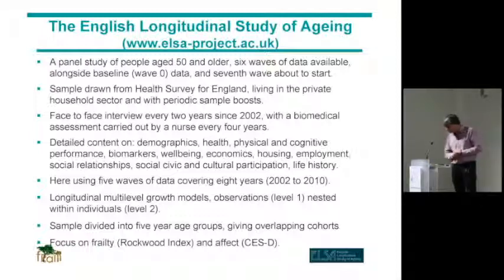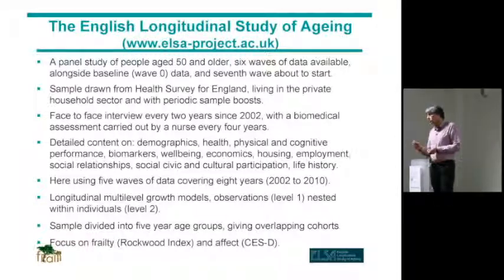It's a longitudinal study, which means that we can observe changes in people's experiences over time, a longitudinal study of older people that collects very rich information on a number of domains of people's lives. So for a study of inequalities in later life, it's perfect. We have very good health measures, very good economic measures, very good social measures, and so on.